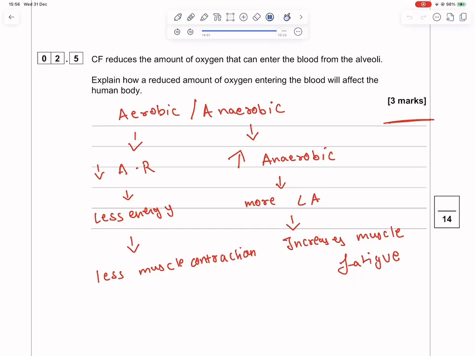And as you all know, lactic acid causes muscle fatigue and pain and increases breathing rate to repay oxygen debt. Now, the trap here by the examiner. Remember, energy is not produced, it is released, because energy can neither be created nor destroyed.